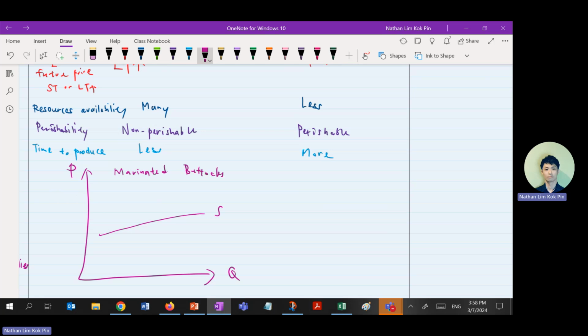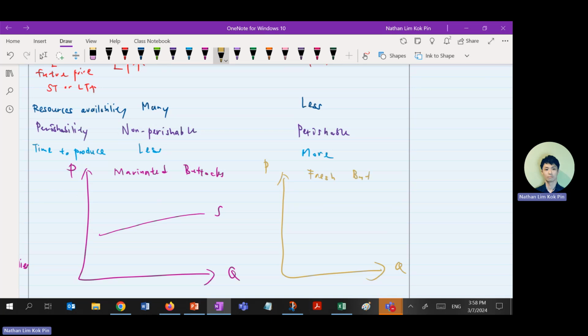You need to twist. Because what if the question asks you inelastic, or asks you elastic, then the entire essay you wrote says buttocks elastic, but you drew wrongly. Then you add one more word: marinated buttocks. Suddenly it becomes non-perishable. Cool, right? If it's inelastic, it's just fresh buttocks.